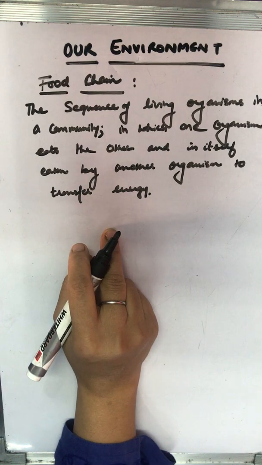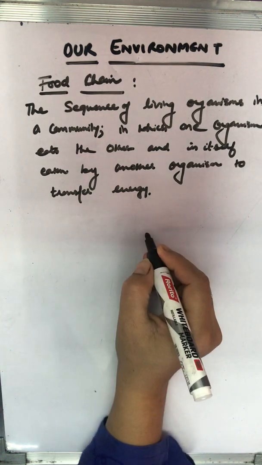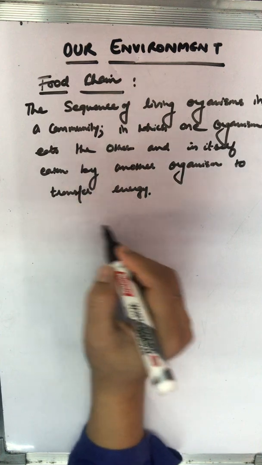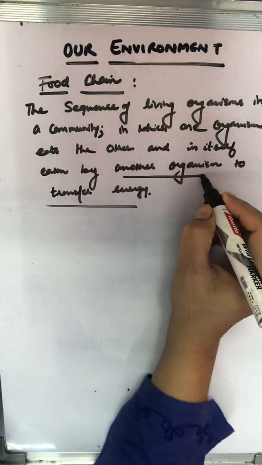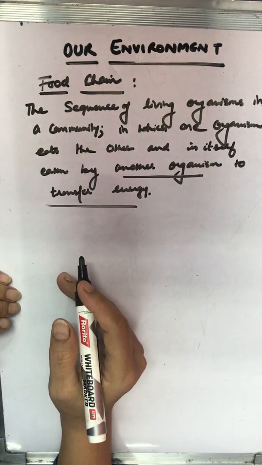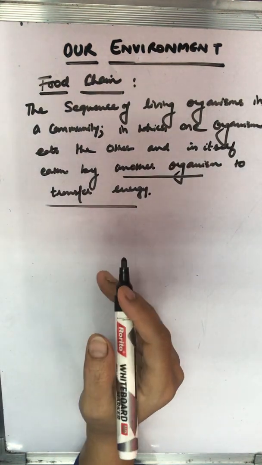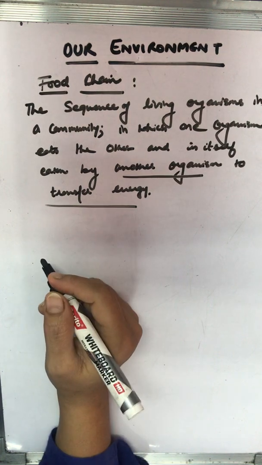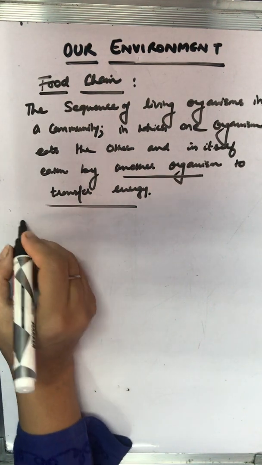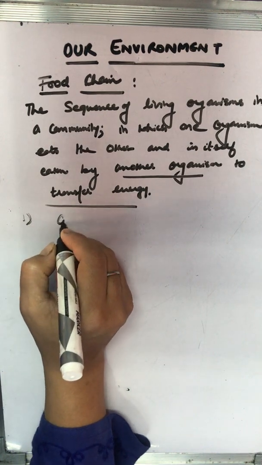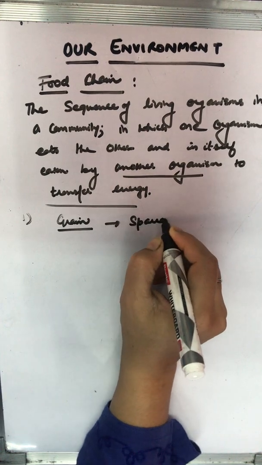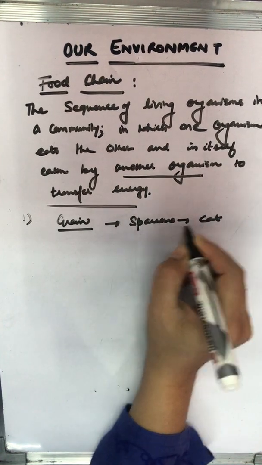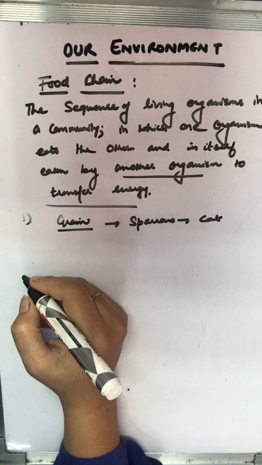A chain of organisms existing in a natural community is the only way through which energy is transferred. So we say it is the sequence by which organisms transfer energy. Some examples of food chains on land are: number 1, grain eaten by a sparrow, then a cat eats the sparrow.